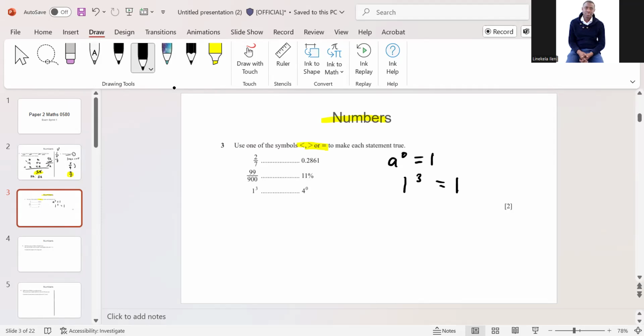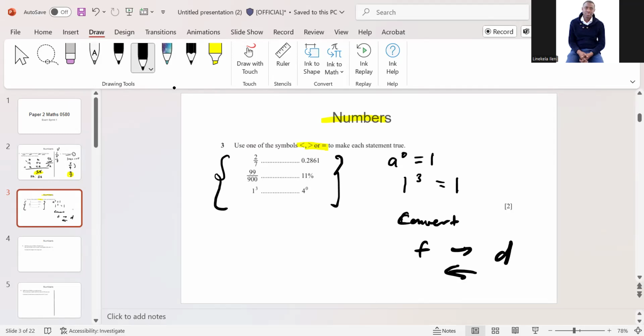And then usually what they do is they give you numbers that are represented in different forms, some fractions, some percentages, some decimals. So your knowledge of converting fractions to decimals or vice versa, or converting percentages to decimals is very important, because this is what's going to allow you to actually answer these questions.